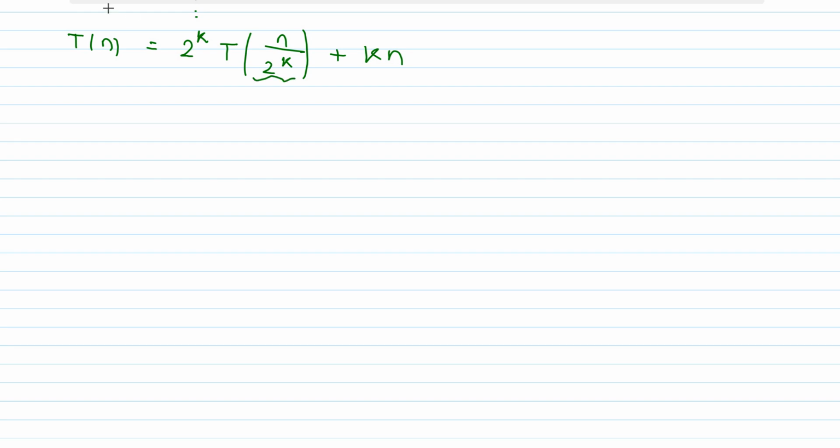Our aim is to bring this term, n upon 2 to the power k, equal to 1. So when I write n upon 2 to the power k is equal to 1, I get n equal to 2 to the power k. And again we need k here, so k equals log of n to the base 2.